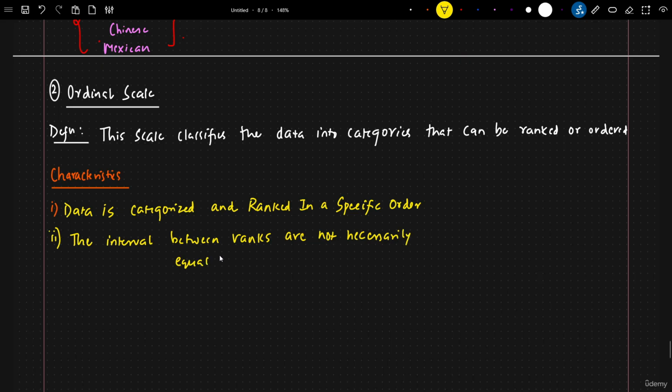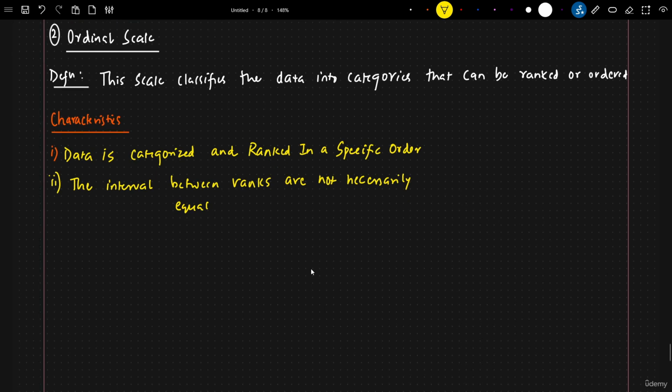Okay. Now let's see some examples. One basic and simple example that I would like to talk about is, let's consider education level. So in education level, let's say this is my feature. I may have something like high school, I may have bachelor's, I may have master's.